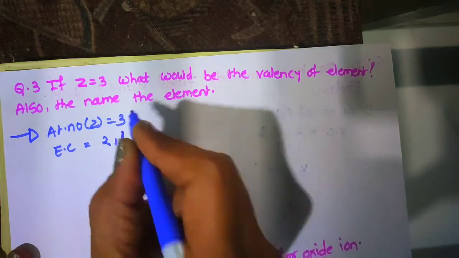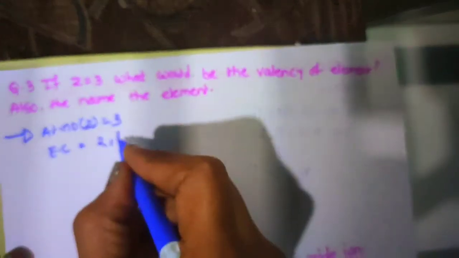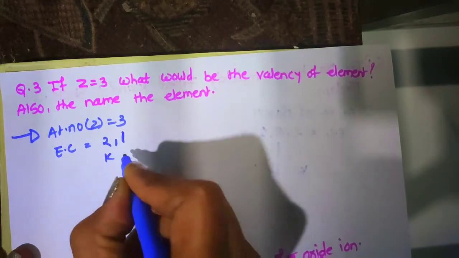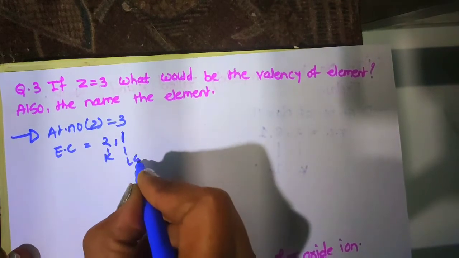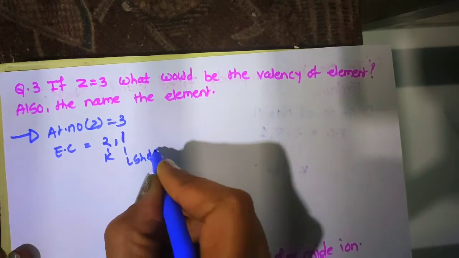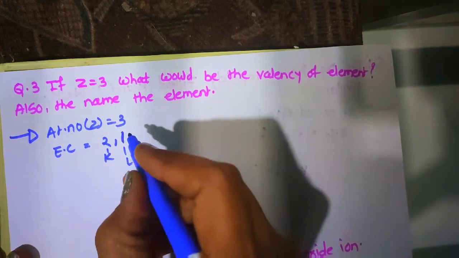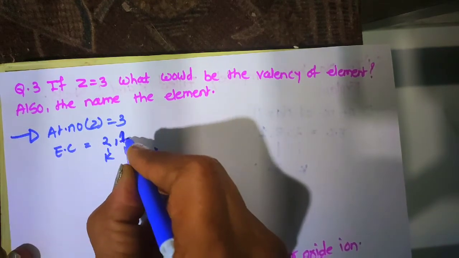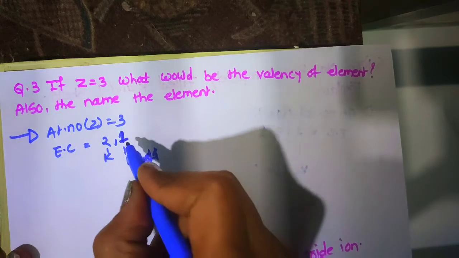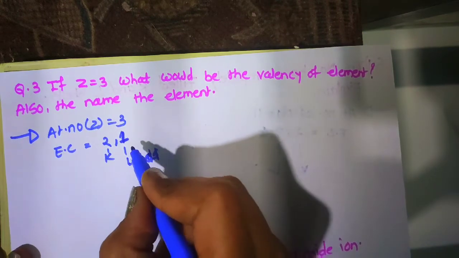So 3 electrons are already calculated over here. This is the K shell, this is the L shell. This last one, the L shell, would be the valence shell.